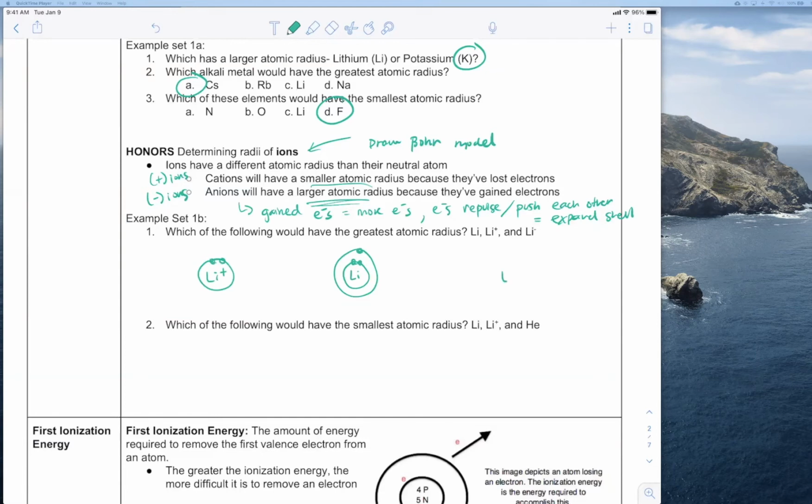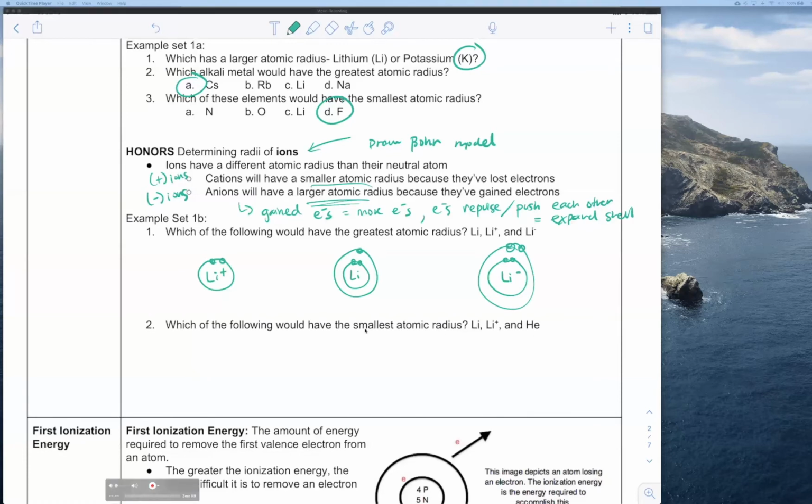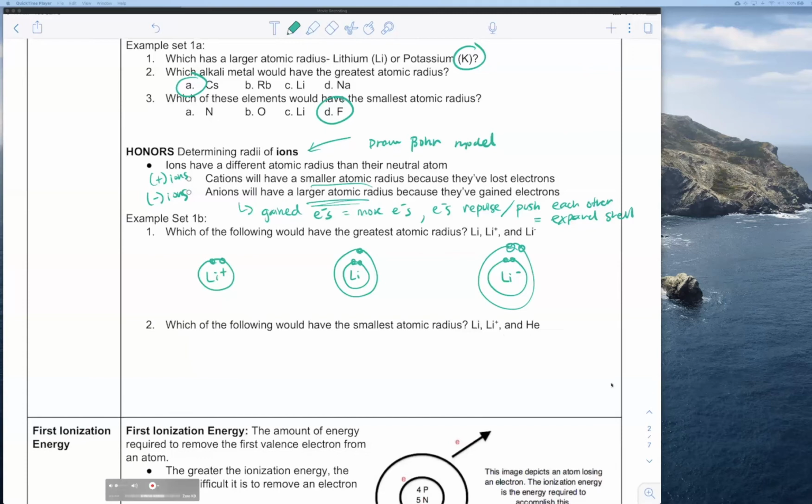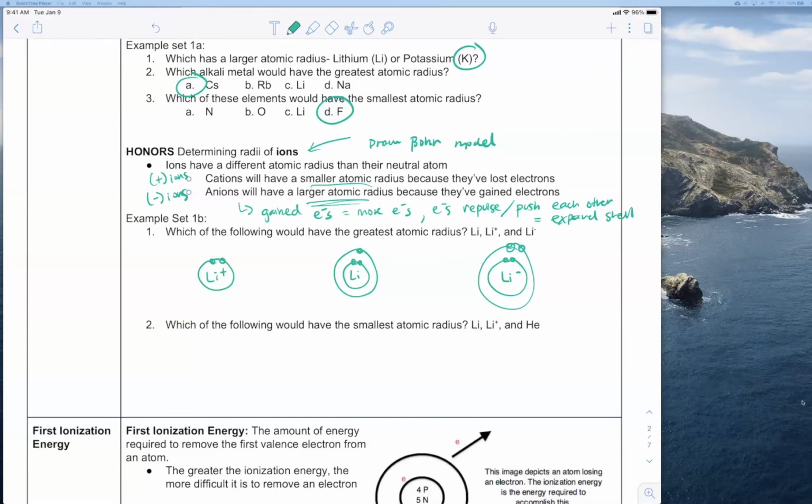And then lithium negative means you've gained an electron. So take some time to answer this poll, and then also you can try this next question on your own. And if you're confused on this next one, you should draw the Bohr models.